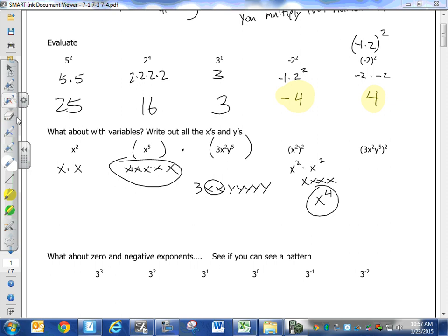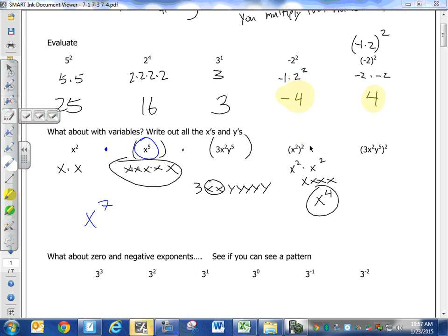Okay? If I asked you to simplify x to the fifth, you'd say that's simplified. But if I asked you to simplify x squared times x to the fifth, you would say, yeah, that's x to the seventh. Okay? We'll get there, don't worry. Now, what about x squared? What if I change this to a 3? Do this on your piece of paper.